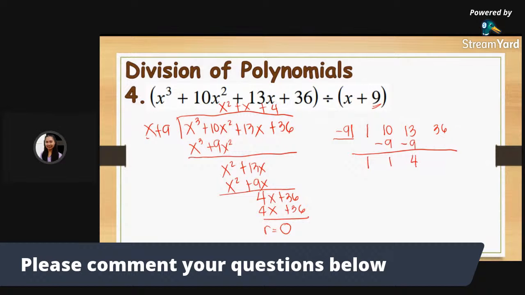Add them, we get 4. 4 times negative 9 is negative 36. And take note, 36 plus negative 36 is equal to 0. As you can see, there is no remainder. And the answer will be x squared plus x plus 4. It's the same as the answer for long division.